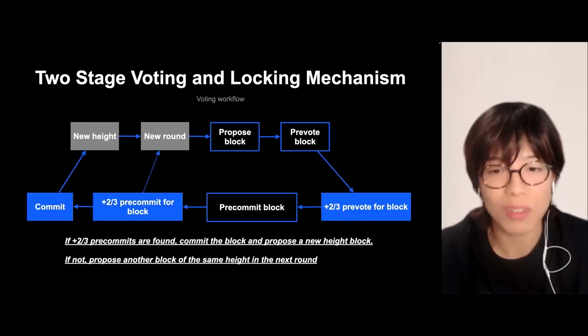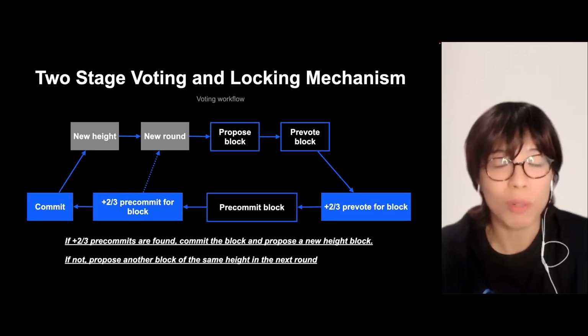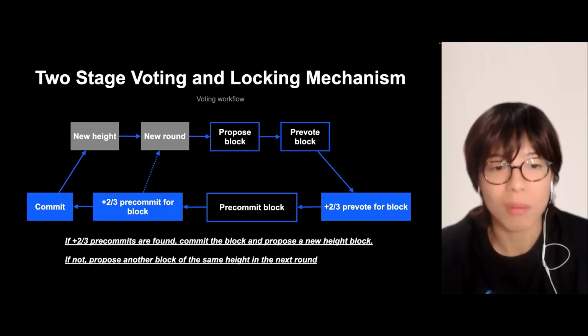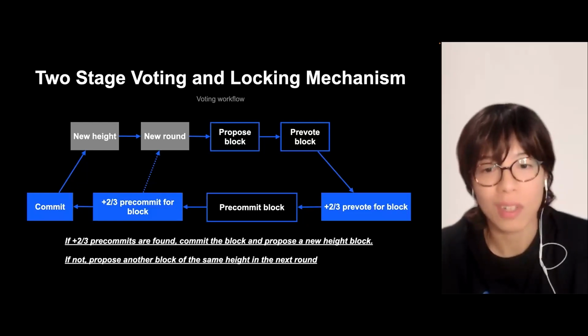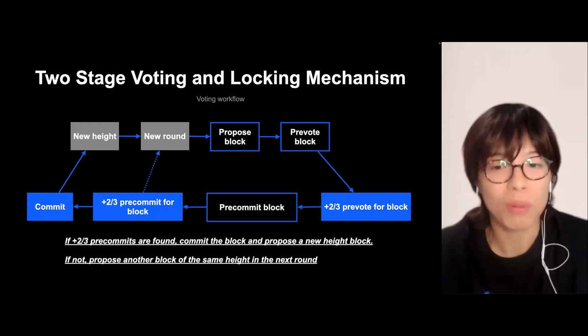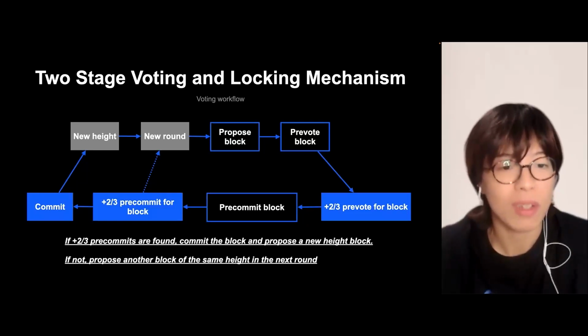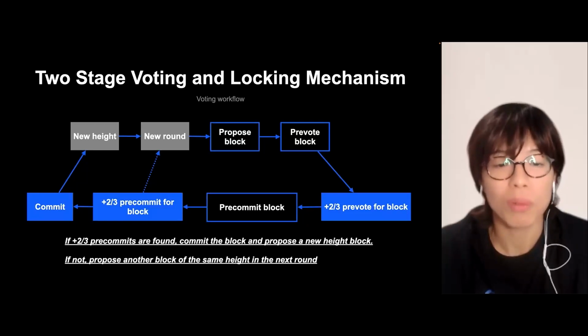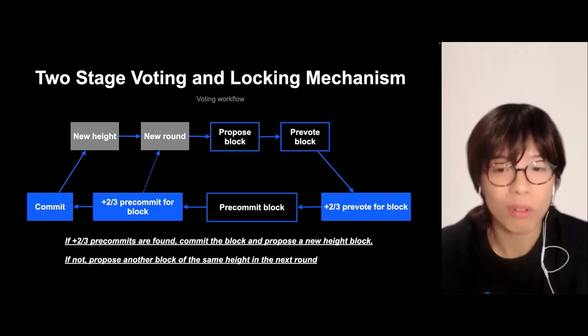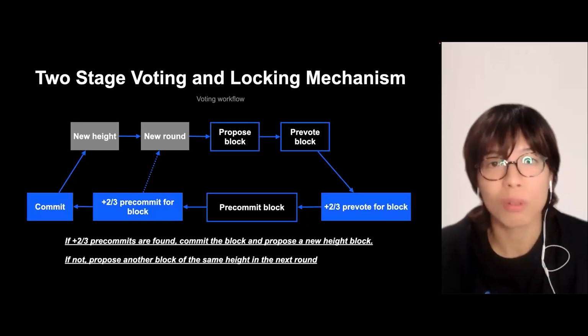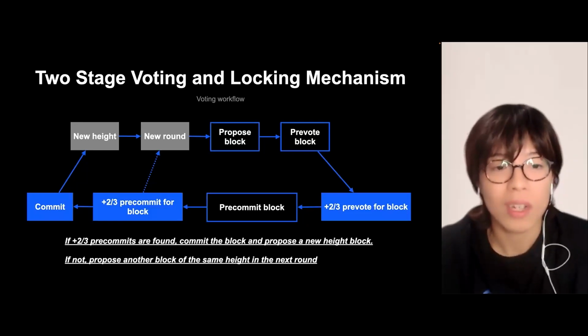The first vote is called pre-vote, and the second vote is called pre-commit. The number of voters needs to be over 2/3. Once the pre-vote gets over 2/3, one can proceed to the second vote. Then once one gets over 2/3 in the pre-commit, one moves on to the next stage.